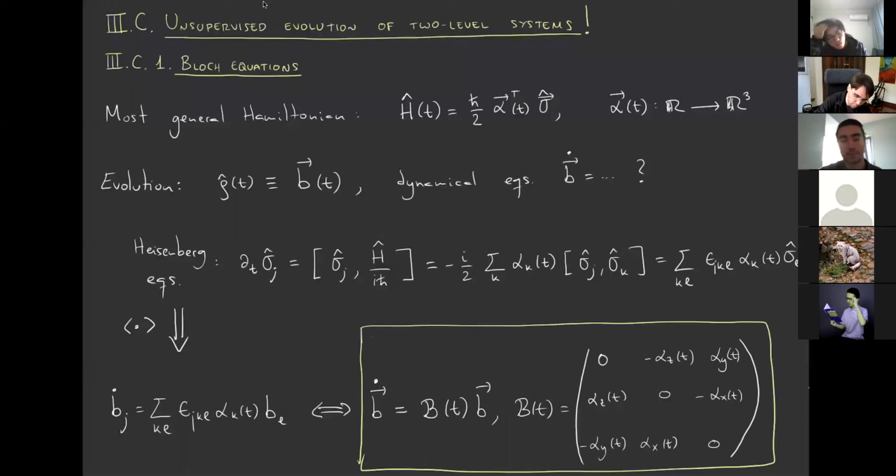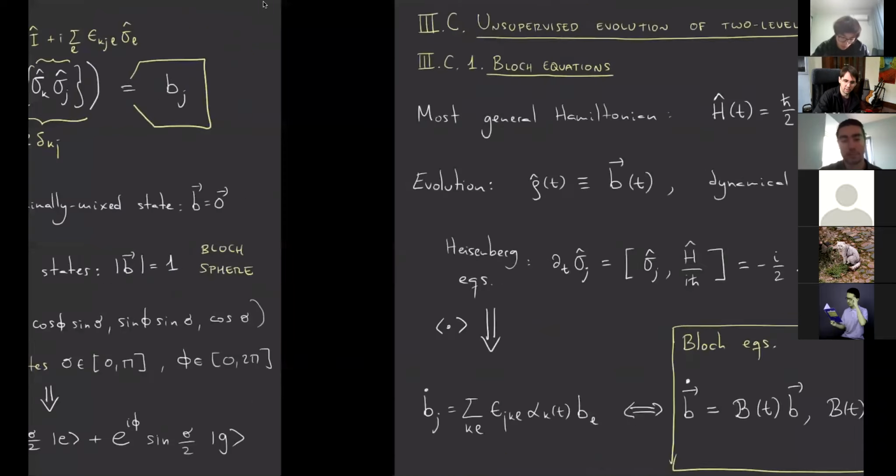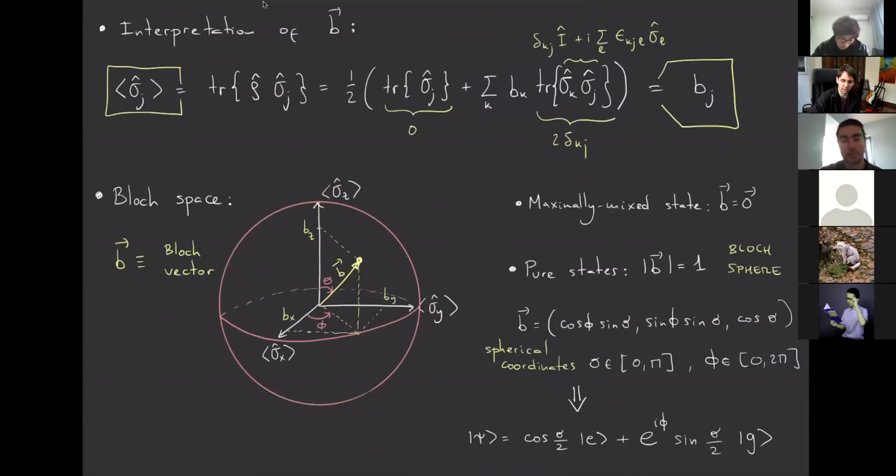So these are called the Bloch equations of the atom. Okay, and look, this is really, really nice because we have taken the Schrödinger equation or the von Neumann equation or the Heisenberg equation, so the quantum mechanical equations of motion, and we have mapped them to a very simple linear system for 3 variables that have a very nice interpretation in the Bloch space.